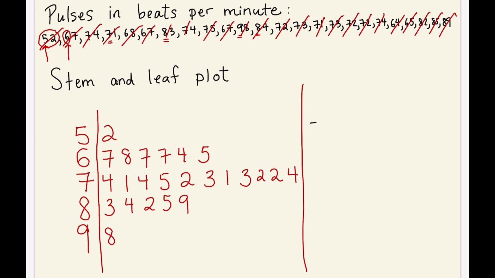So here are my stems. I have 5, 6, 7, 8, and 9. There's only one value for the 50s, so I'm going to write the 2. For the 60s, you can see the smallest value is 4, and then I have a 5, 3 7s, and an 8.